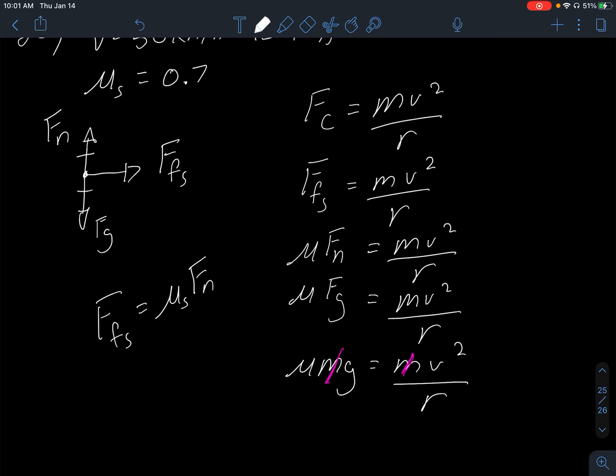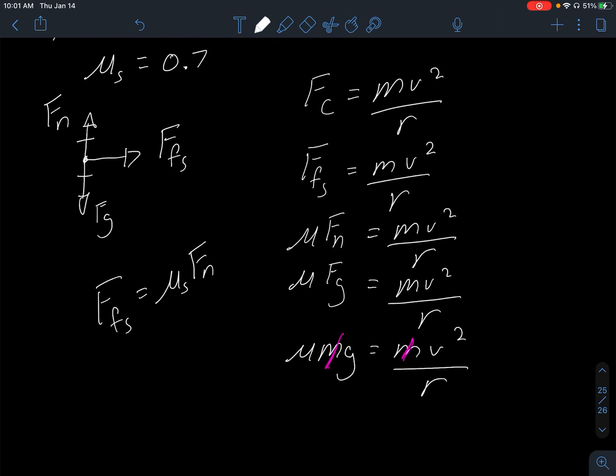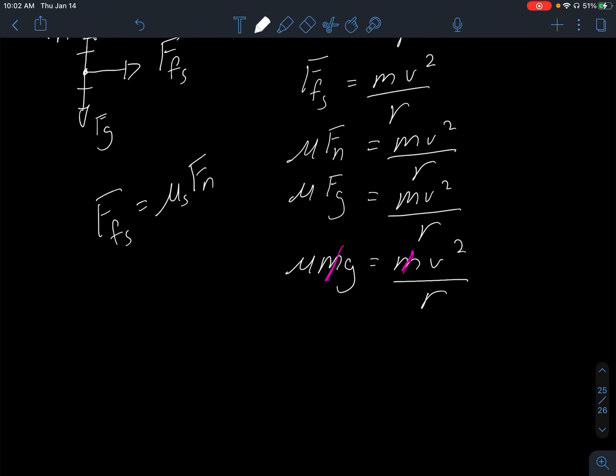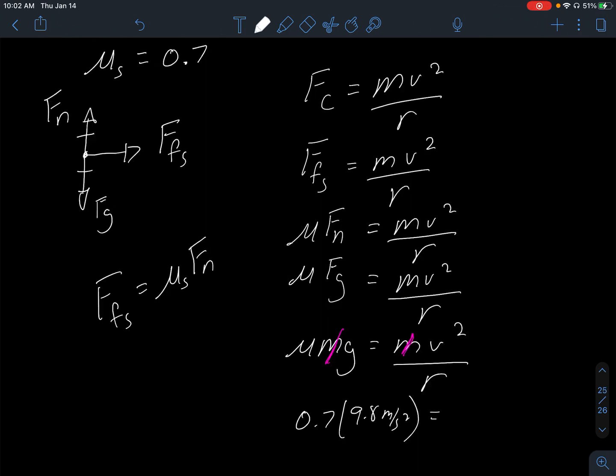What are we looking for here? We're looking for the radius, so we can tell our engineers what to do. So mu was 0.7, 9.8 for gravity. Velocity that we're going to go around, that we're going to post, 13.9.